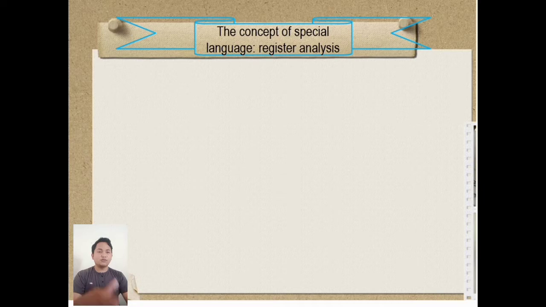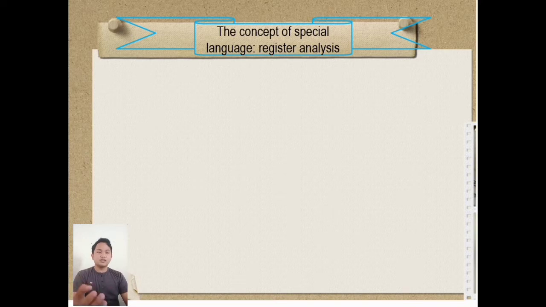For the first one, the concept of spatial language, the first thing we have to know is register analysis. What is the meaning of register analysis? Register analysis is the analysis of the users, the students, for example in ESP.